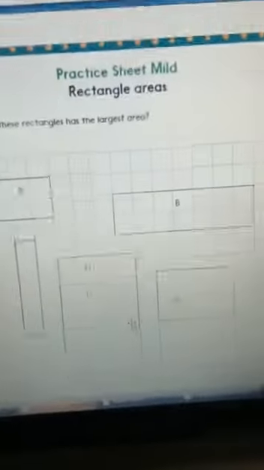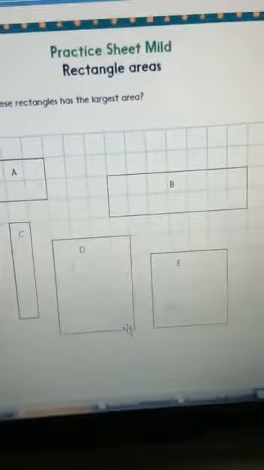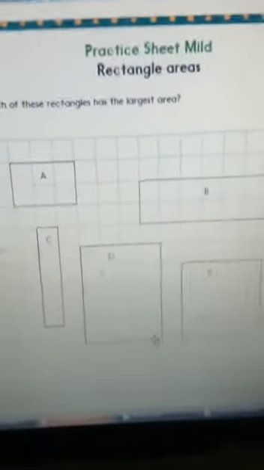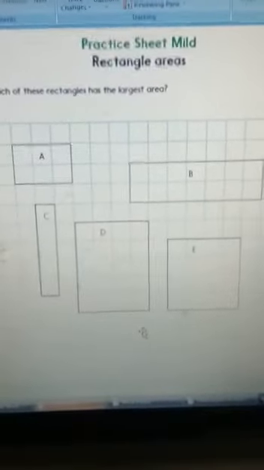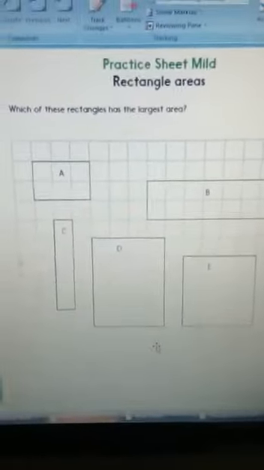And then you've got the mild sheet, finding the area. If you look before you measure them, which one looks like they got the most area inside the rectangles? Is it A, B, C, D, or E? And then you can measure them out. And then you've got the hot practice sheet, a few more.